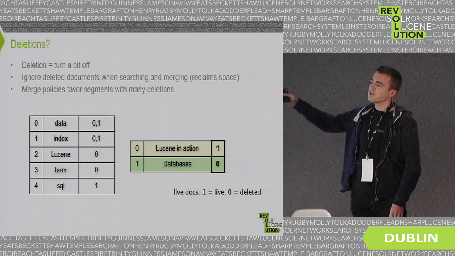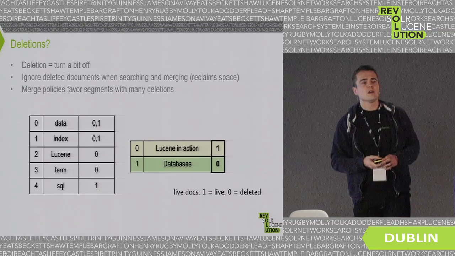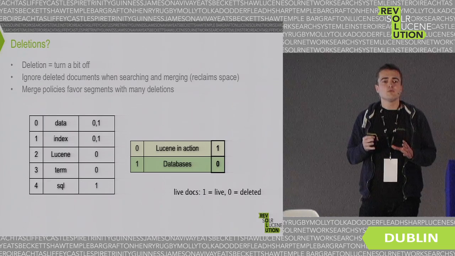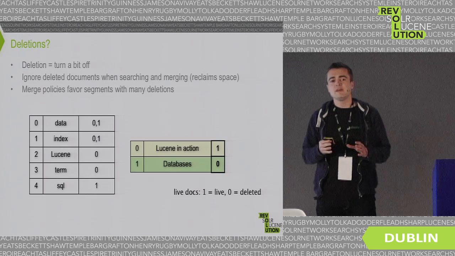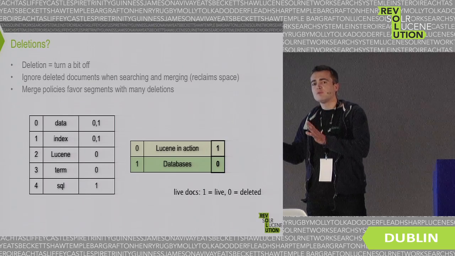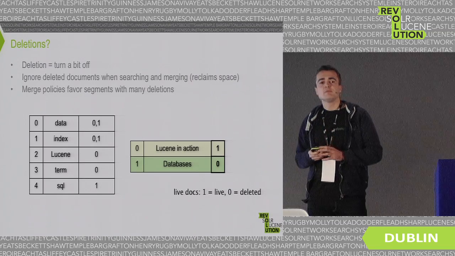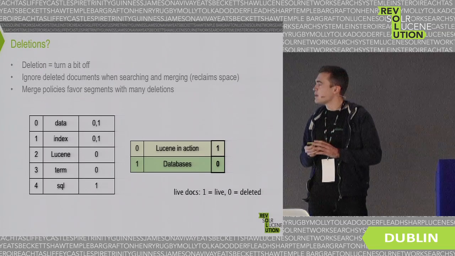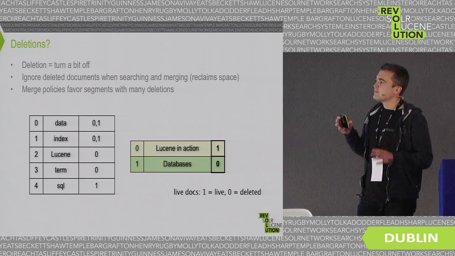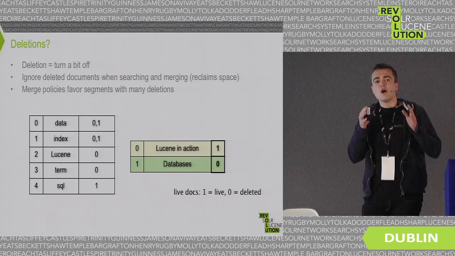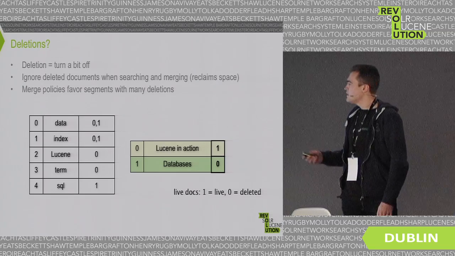If you remember the question that I mentioned that we get sometimes on the mailing list, from the user who was surprised that space was not reclaimed after he deleted 20% of his documents, the reason is that space will be reclaimed on the next merges that contain the segments where the deletions happened. This is how space gets reclaimed in Lucene, and this is the reason why there is a small delay between when you delete documents and when the space is reclaimed.